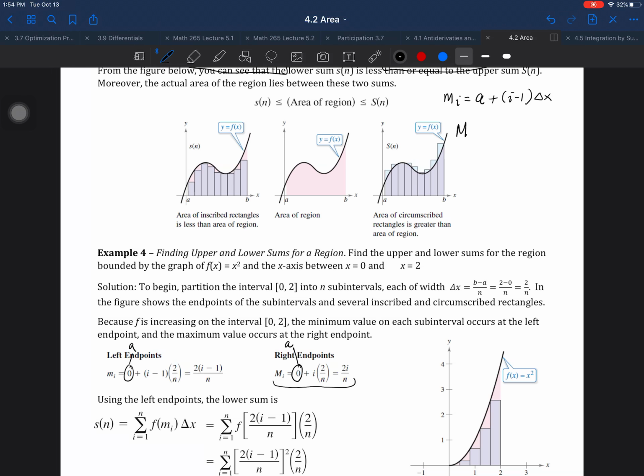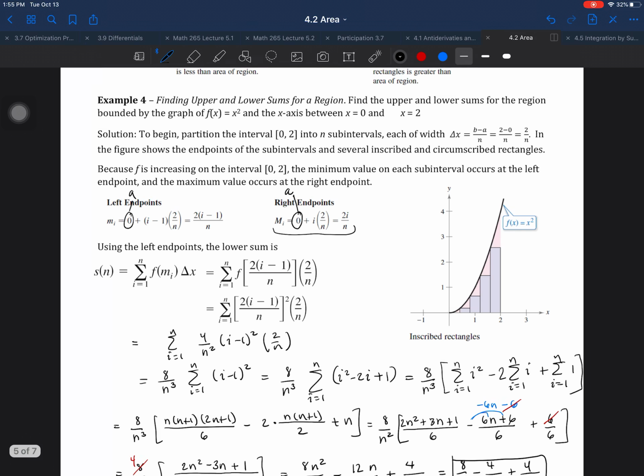Your mi is going to be your starting point, which is a, plus i times your delta x. So do you guys notice that this tends to be much simpler for us to work with than sometimes working with this? But it just depends on what they're asking us to do.